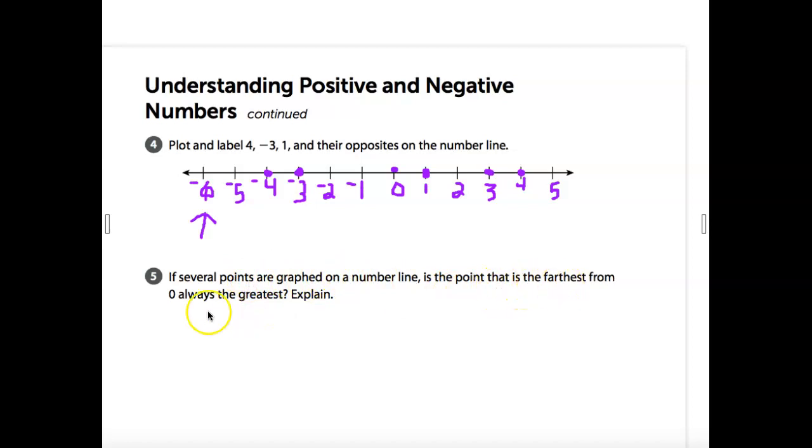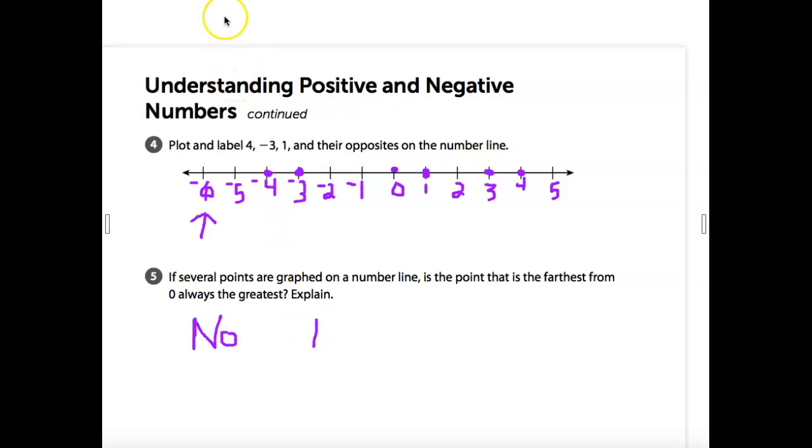Is the point that is the farthest from 0 always the greatest? And I hope you can see from my explanation, the answer to that would be no, because it depends.